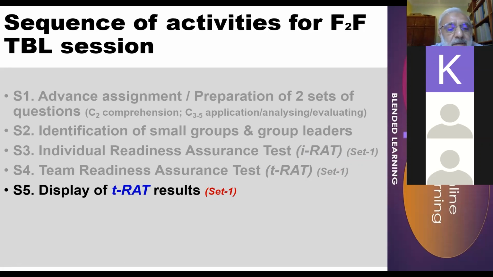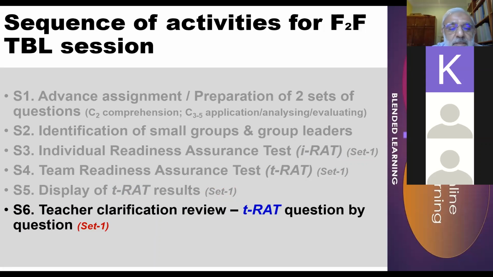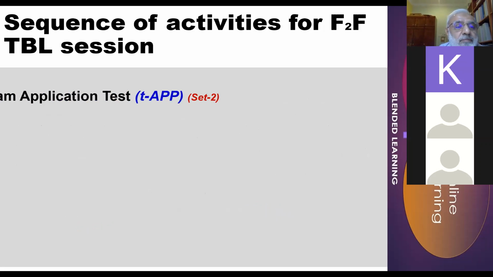Fifth step is that we display the results of this team readiness assurance test, and then we discuss these questions and the lecturer would clarify some doubts or concepts on that.